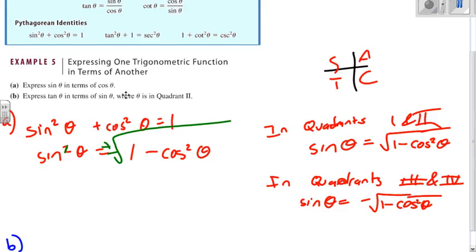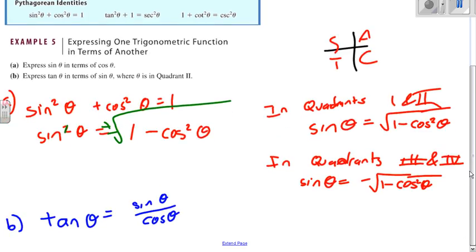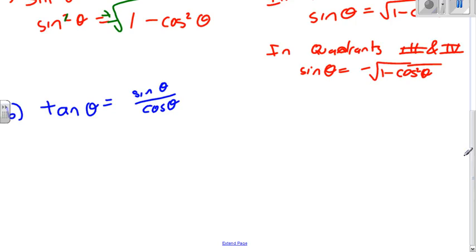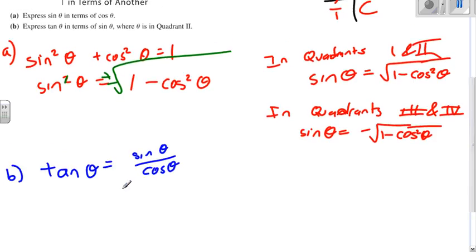For part B, we're trying to express tangent in terms of sine. So we can start with tangent is sine over cosine. And then we don't want cosine, we only want sine in there, so we're going to have to take the same Pythagorean identity.